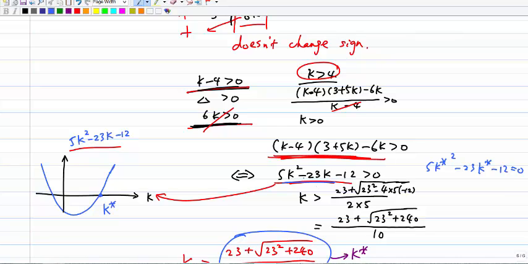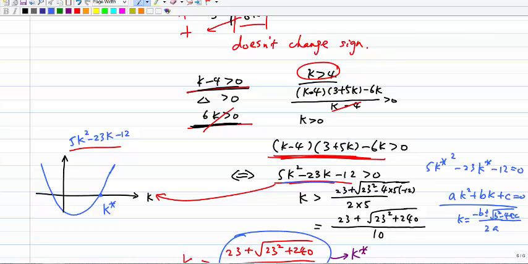This is actually given by a times k squared plus b times k plus c equal to 0 for this one. So the value that makes this quadratic form 0 is k equals negative b plus or minus square root of b squared minus 4 times a times c, divided by 2a, okay?